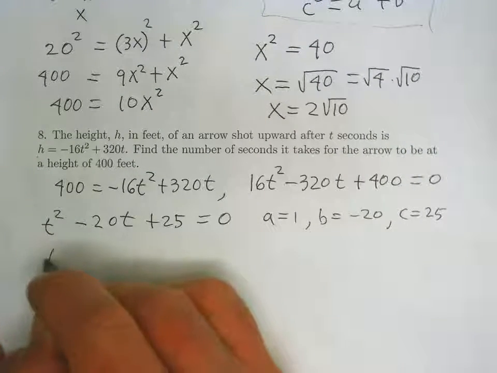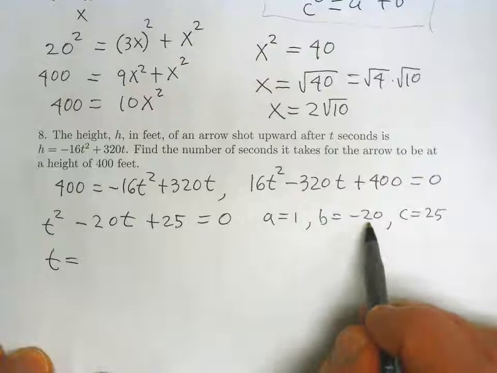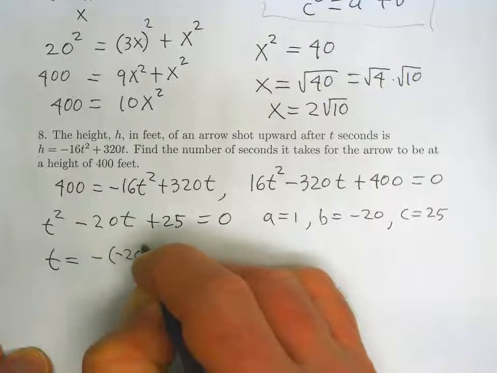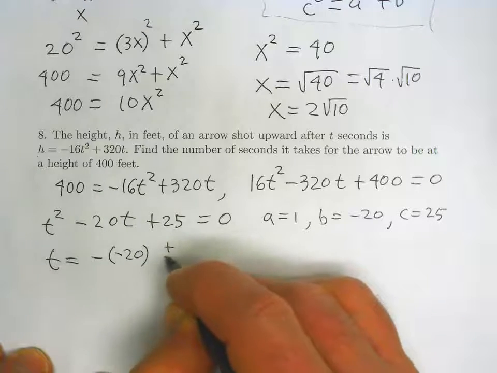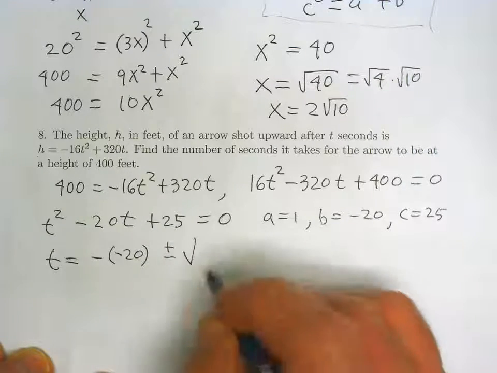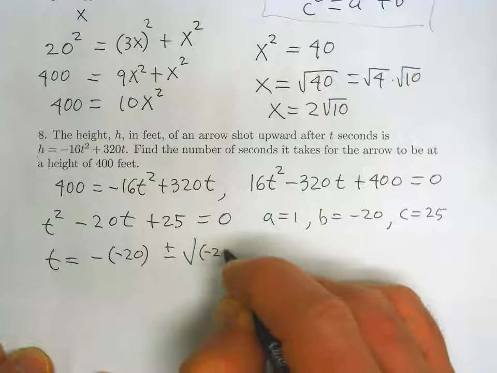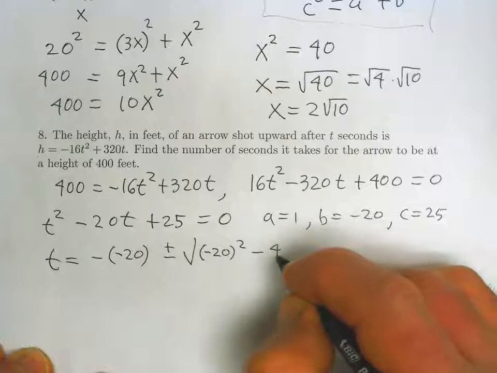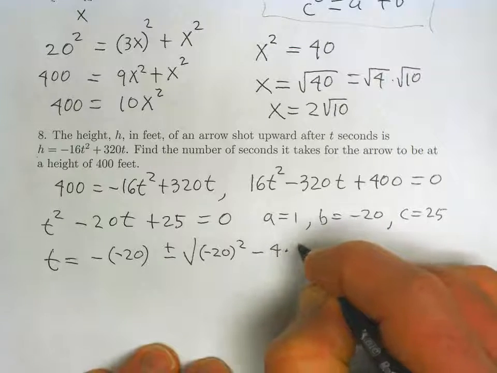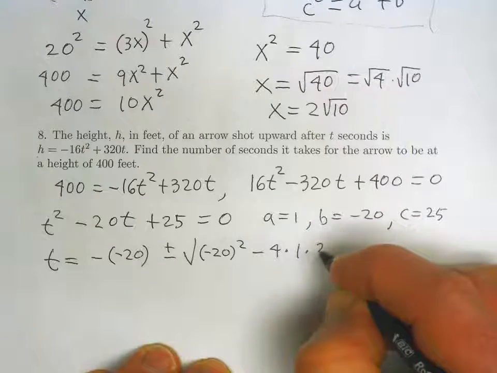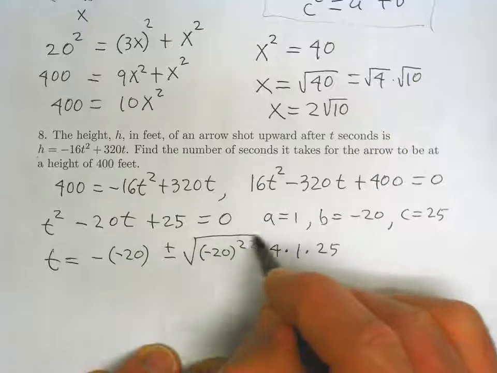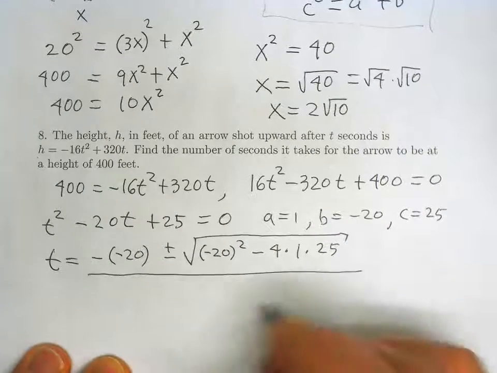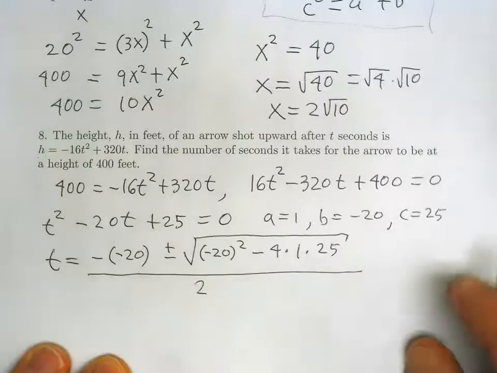Okay, so t equals the negative of negative 20, that's the negative b part, and then plus and minus the square root of the number negative 20 squared minus 4 times 1 times 25. And this is all divided by 2 times 1.